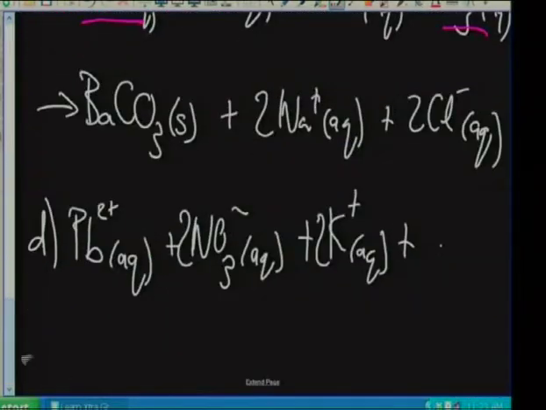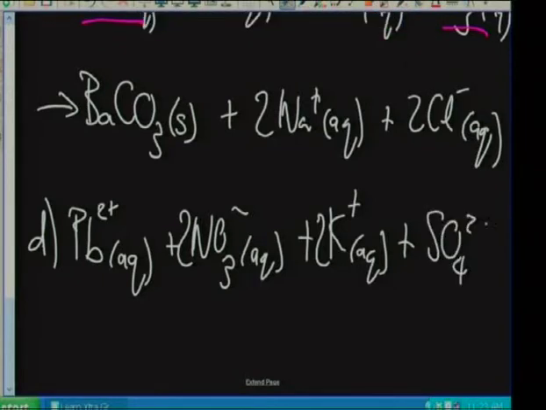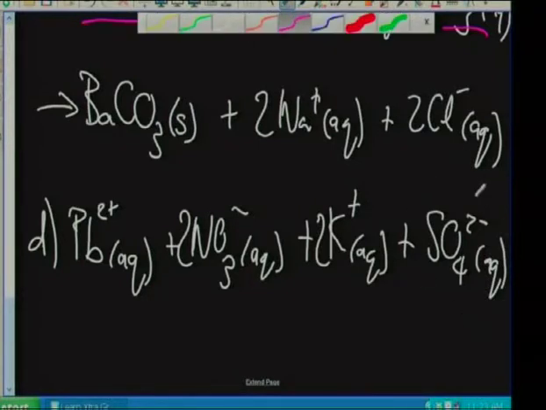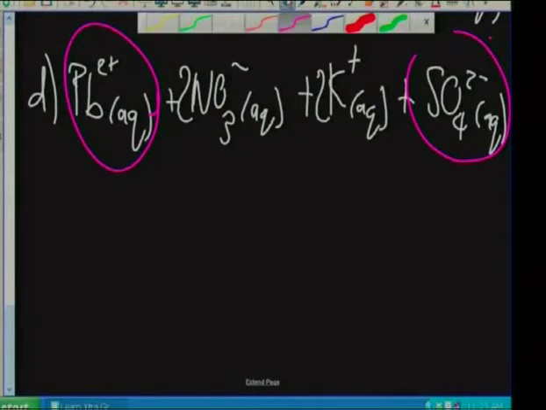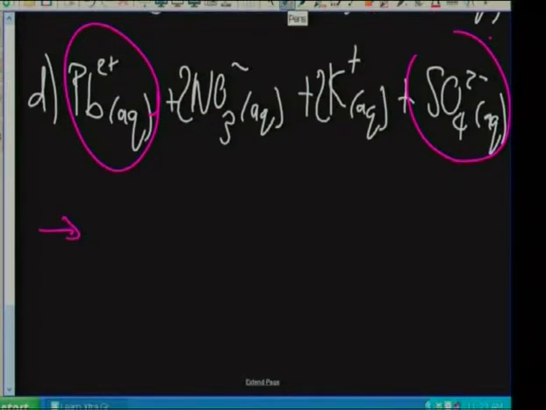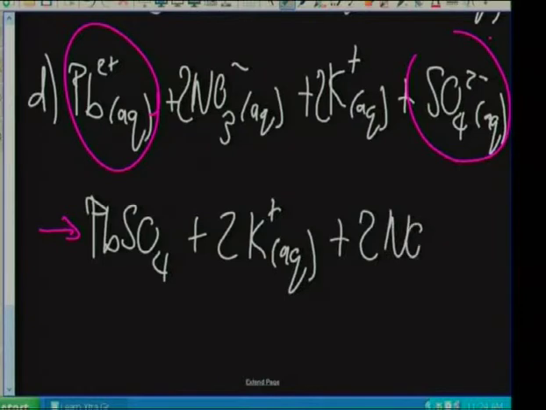Sulfate, correct. My sulfate ions in solution. What's going to happen is these ones are going to join with the lead to give me a precipitate. So my product is going to be lead sulfate plus 2 potassium ions in aqueous solution plus 2 lots of nitrate ions in solution.